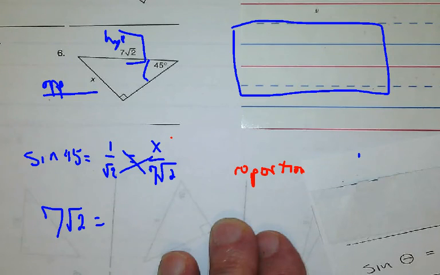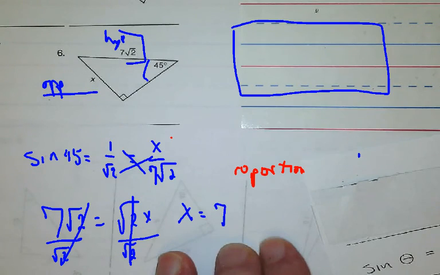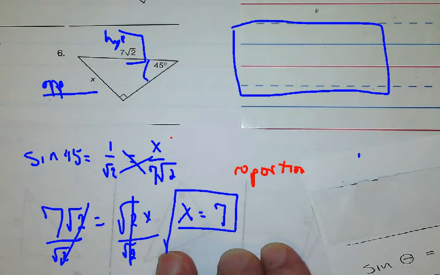Square root of 2 times x. And then I'm going to divide by square root of 2. The 2's cancel out. X is 7. Ta-da. X equals 7. Hey, we found it. That's the missing side. Nothing to it, eh?